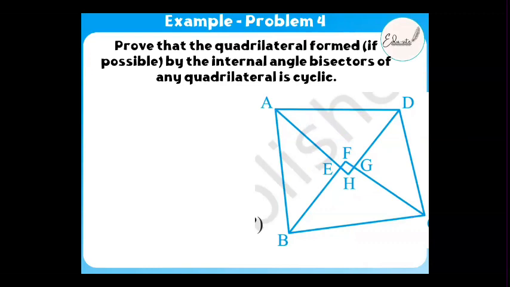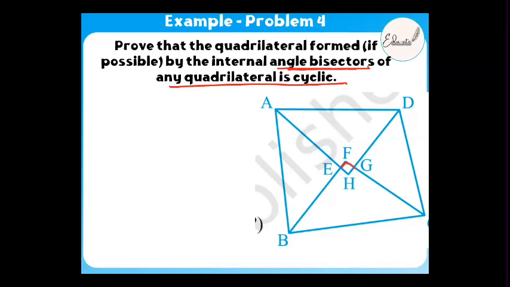No. Okay, we'll just start with this. The first thing that they have told you: prove that the quadrilateral formed by the internal angle bisectors of any quadrilateral is cyclic. So one thing they have given is that there are bisectors here. Each angle is bisected here. Now let's quickly start with one angle in the quadrilateral.